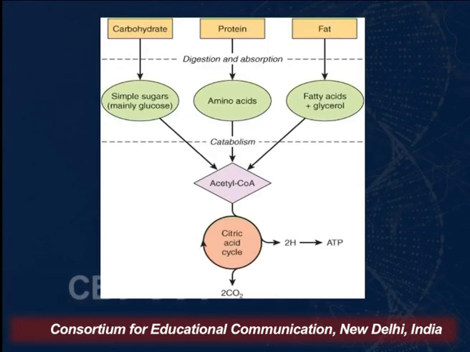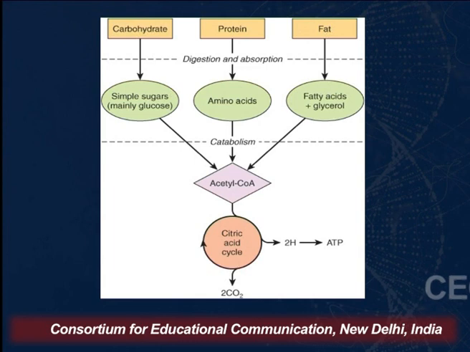Now if we see the overall pathways of reactions which occur within the cell, the carbohydrates, proteins and fats at the initial level get broken down or digested or absorbed into simple sugars, amino acids, fatty acids and glycerol. And then within the body, the catabolic reactions take place.